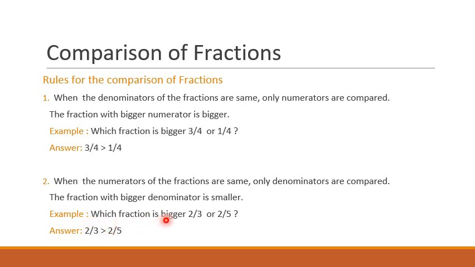Which fraction is bigger, 2 by 3 or 2 by 5? Here the numerators are the same. Then let's compare the denominators. Here the denominator is 3, here it's 5. So 5 is bigger. That means this fraction will be smaller. Bigger the denominator, smaller is the fraction. So the answer is 2 by 3 is greater than 2 by 5.